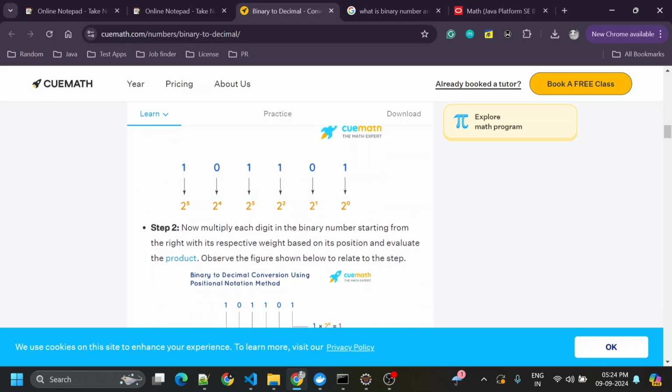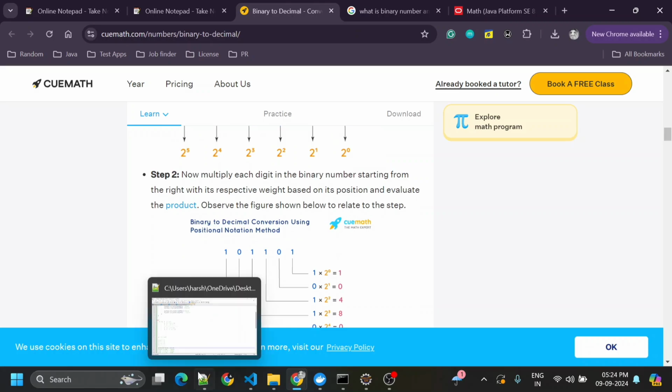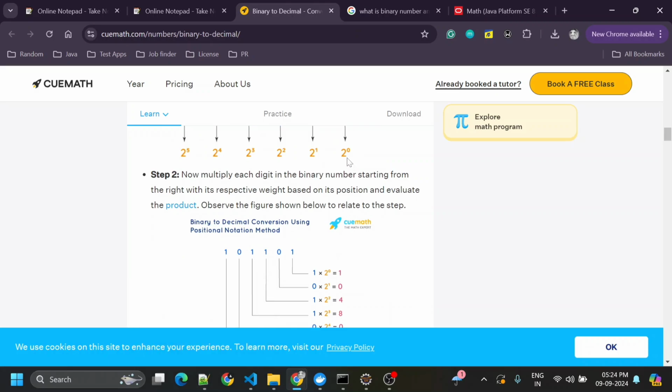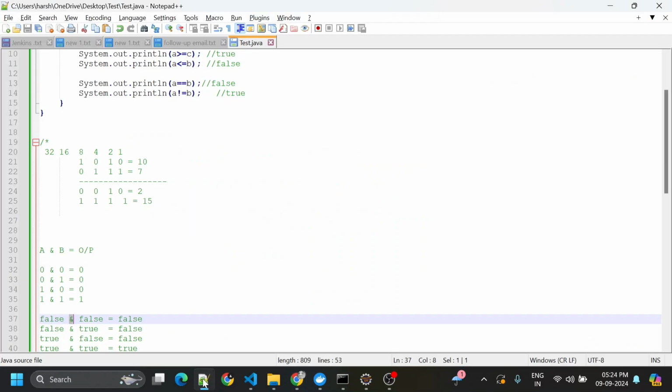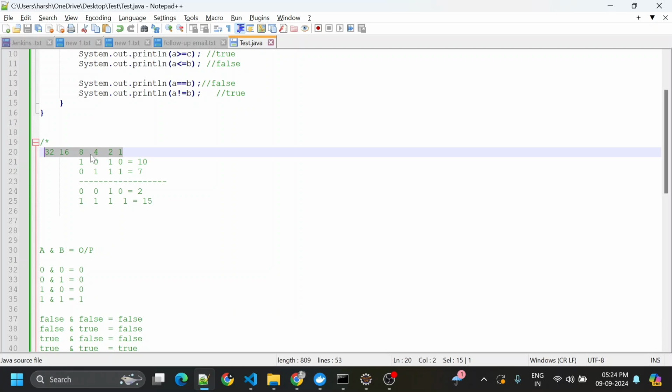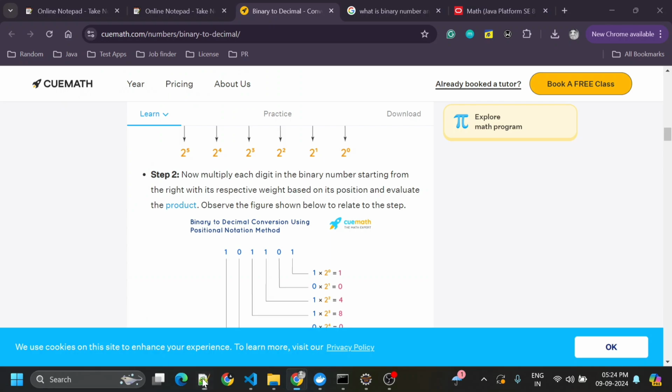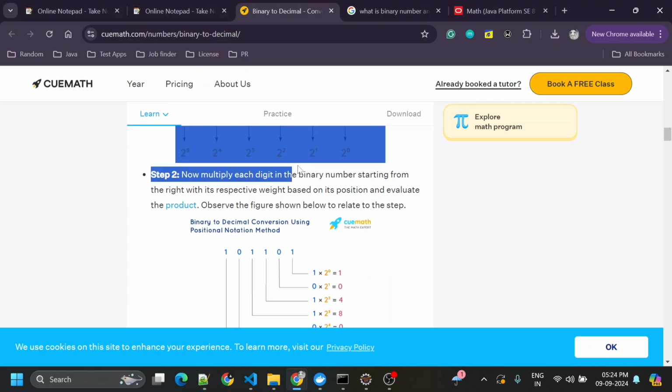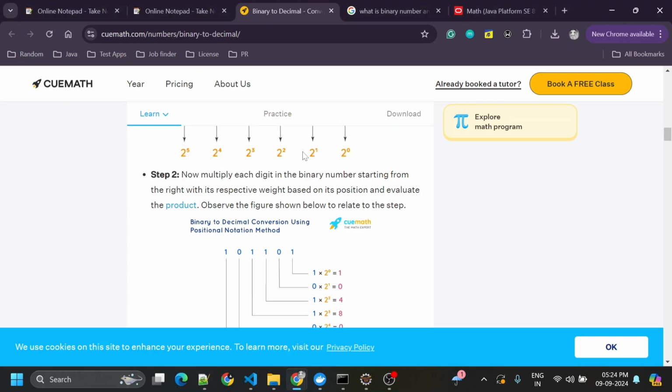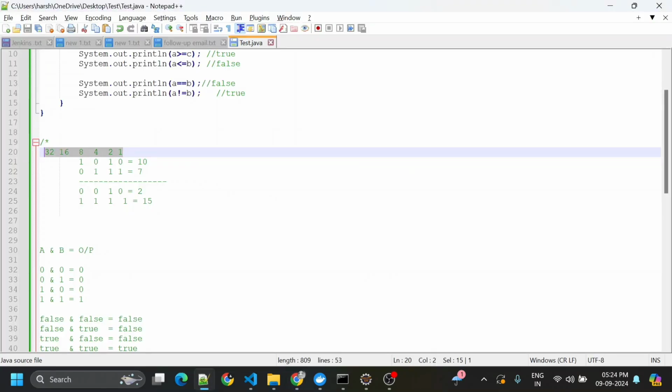So in my example, I have written it directly: 2 to the power 0 is 1, 2 to the power of 1 is 2. That is how I've written it: 1, 2, 4. It doubles, or you can write it the way they have written it here.